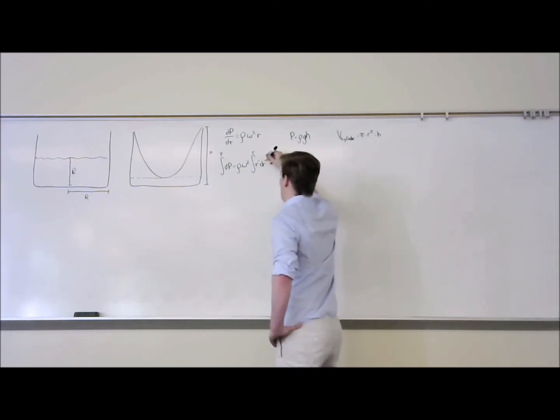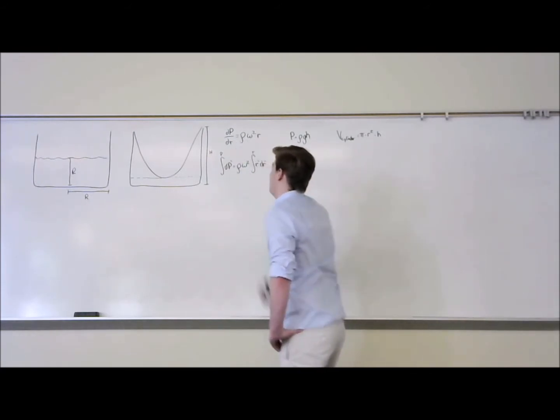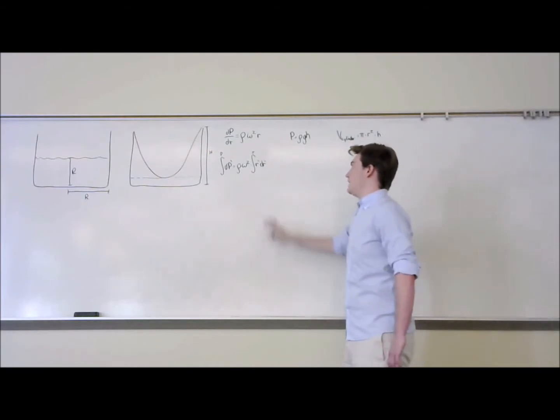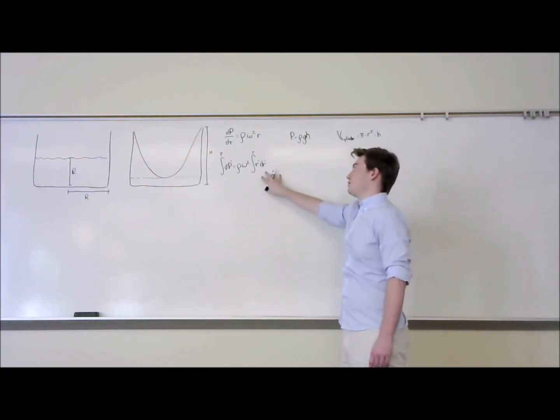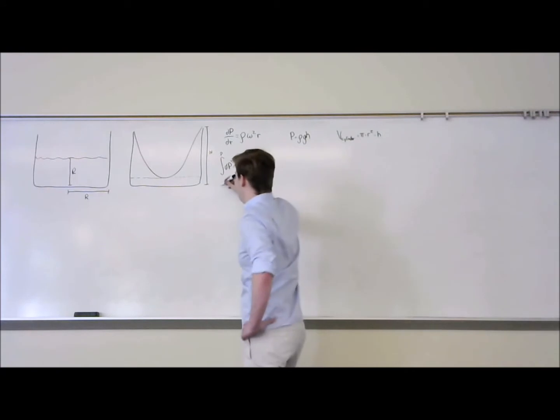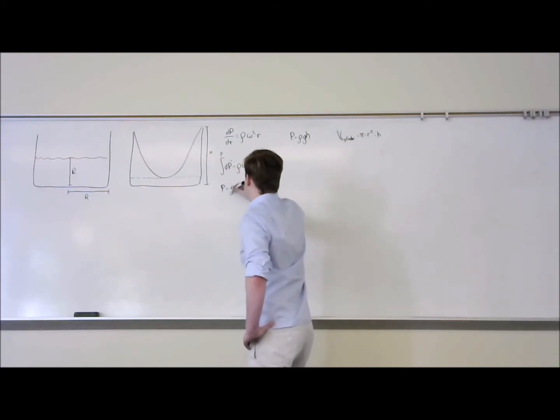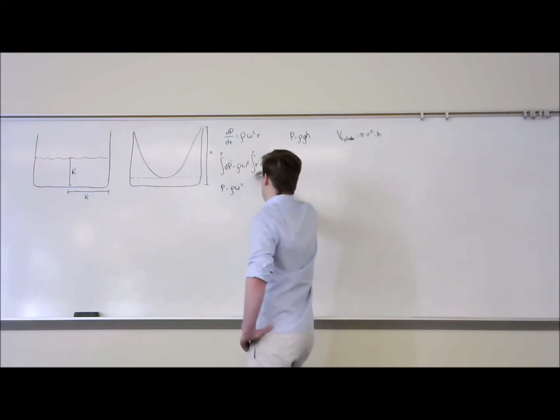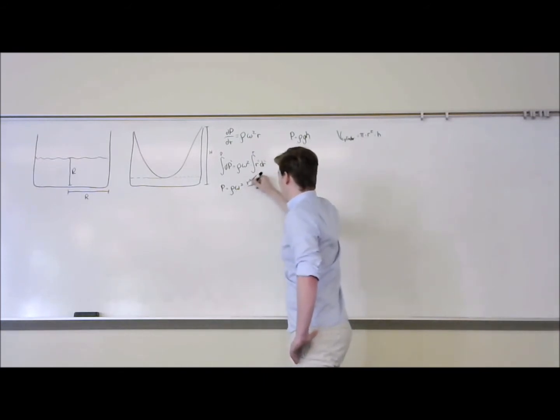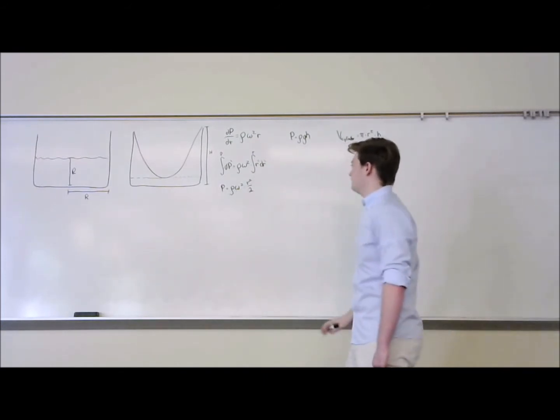So this becomes r prime, dr prime, and dP prime. This is a pretty easy integral to solve, so P equals rho omega squared times r squared over 2.